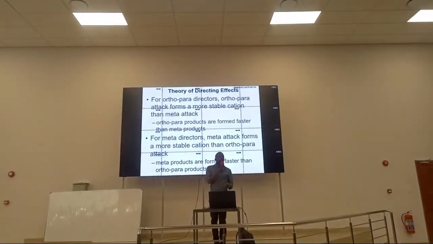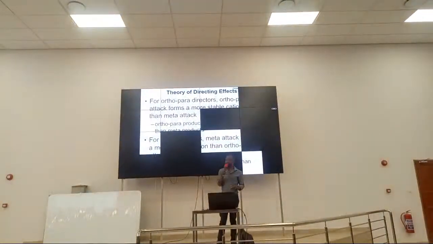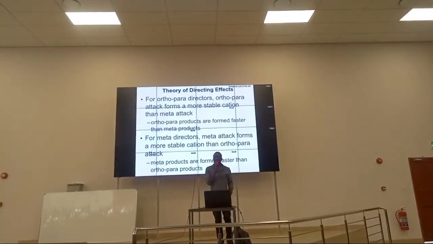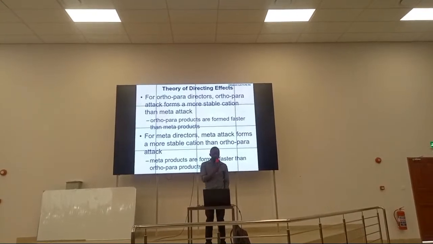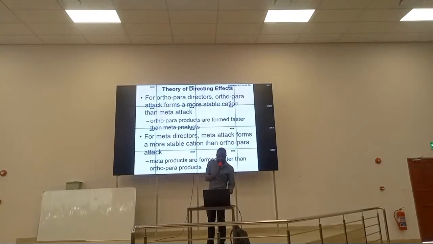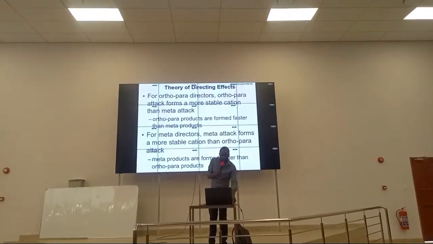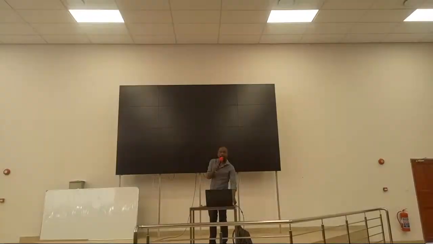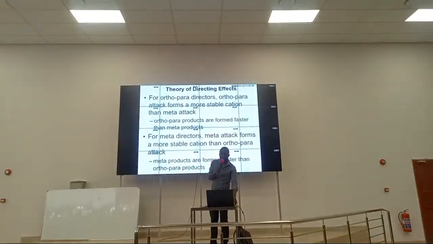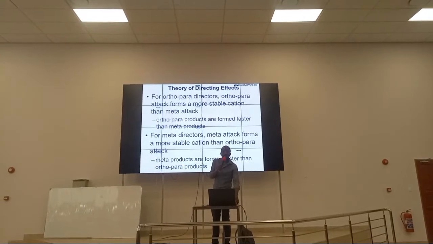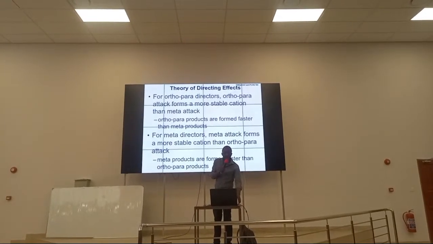For ortho-para-directors, meaning those substituents that direct the incoming electrophile to the ortho and para position, when an electrophile attacks the para or ortho position, that actually leads to a more stable cation than the meta attack.